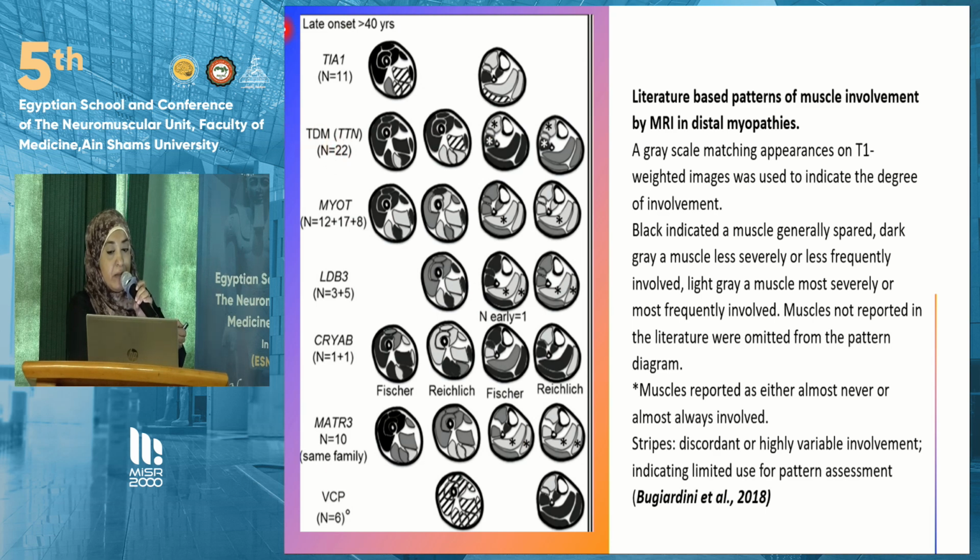The black indicates muscle generally spared, but the muscles with stripes mean highly variable involvement. Each type of distal myopathy has a different distribution of muscle affection.